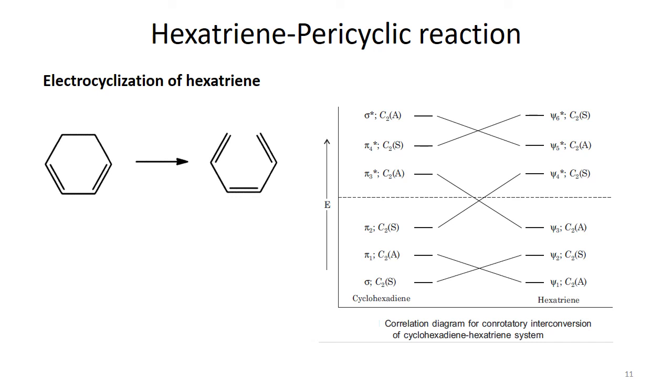What I wanted you to know is that we discussed one point where it was seen that the crossing of these correlations shouldn't happen when they are of the same symmetry. Like you see that there is a correlation made between the sigma orbital and the psi 2 orbital. That is, transfer of electrons can only happen from symmetric to symmetric orbital. But in this case, there is also a correlation made between pi 1 and psi 1. In this case, asymmetric to asymmetric transfer of electron is shown here.